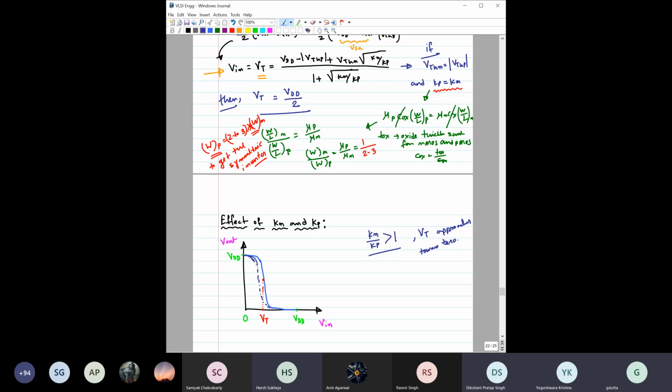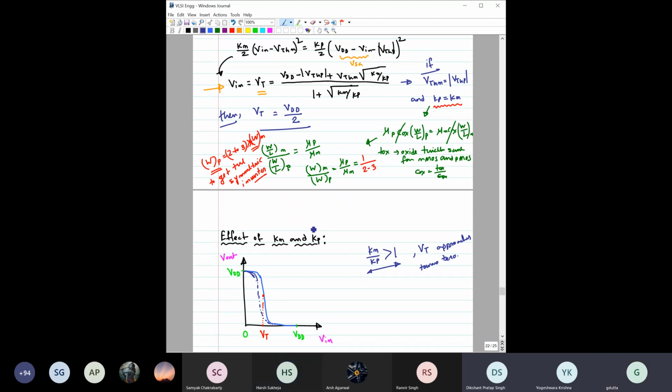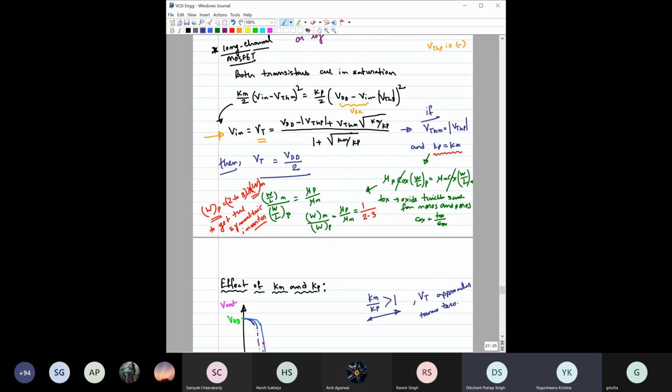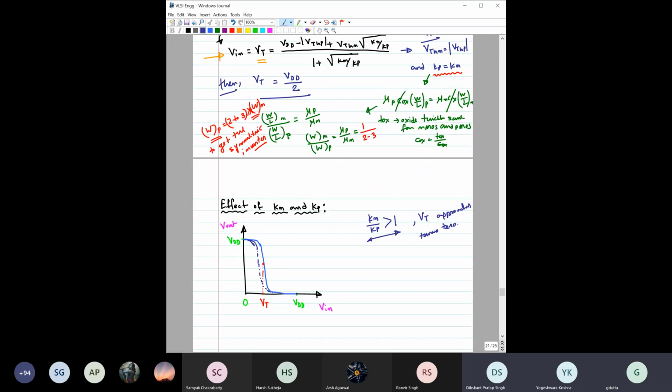Can you tell the name of the Vt again? I forgot. This Vt is called the logic threshold or switching threshold. Okay. And as your friend explained, you can also explain it from this equation.